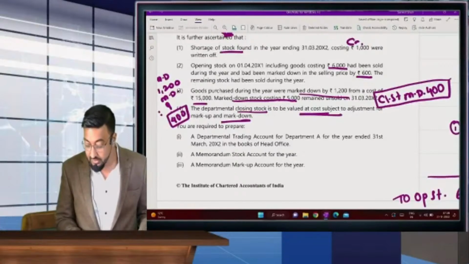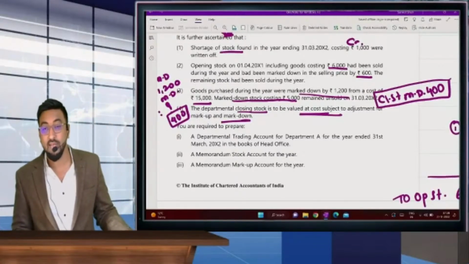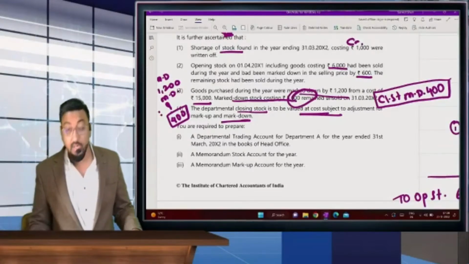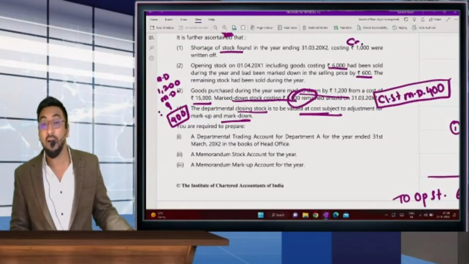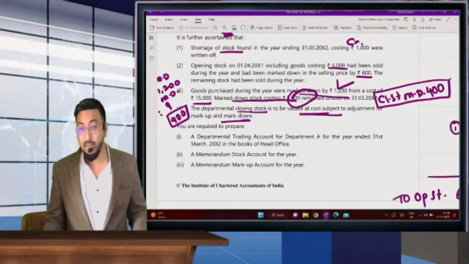So purchases marked down by 1,200. Correct? Purchases during the year, whatever purchases, that is marked down by 1,200. Okay. So out of this, you sold only 5,000 worth of goods, and 5,000 worth of goods still remain in the stock. So 10,000 you sold. So out of 10,000, markdown is beta 800. So total 1,200 is a markdown.